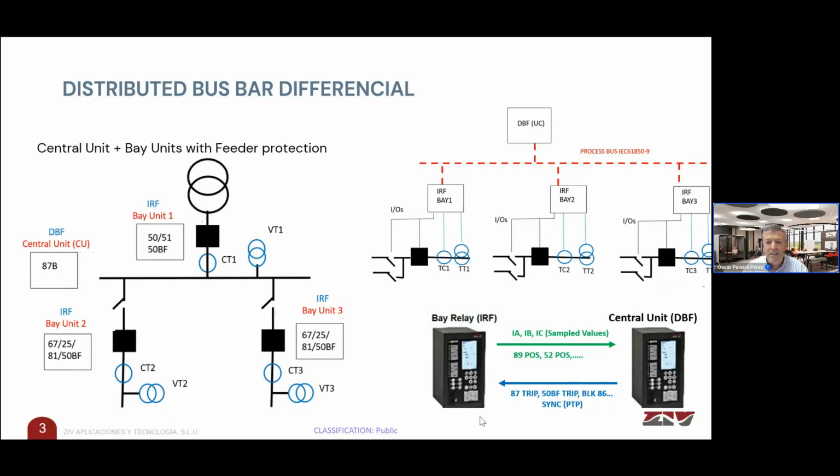On the other side, the central unit will send information to the different bay units in case of a busbar differential trip, or in case of any blocking, or even for synchronization or whatever. So, as I told you, we have a distributed arrangement with all the modules interconnected in a process bus according to the standard 61850.